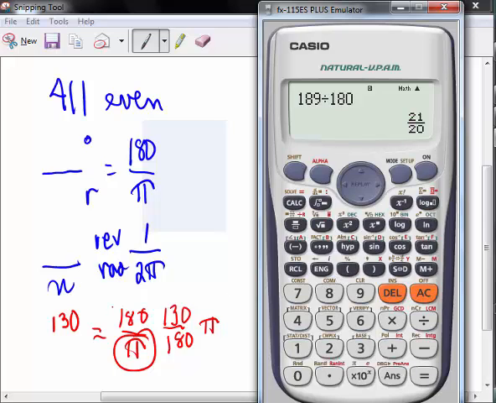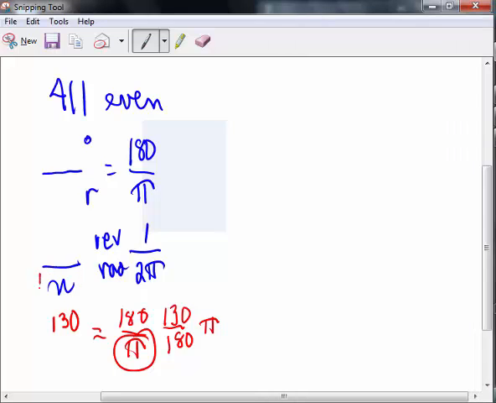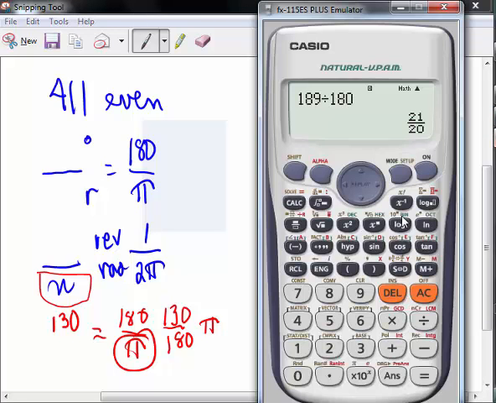Next one, number 32. Now they want us to go the other way. In other words, we're given the radian measures, so we want to convert those back into degrees, 1 decimal place. So in number 32, we have 2 pi divided by 3, and now we're going to multiply that by 180 and divide it by pi.